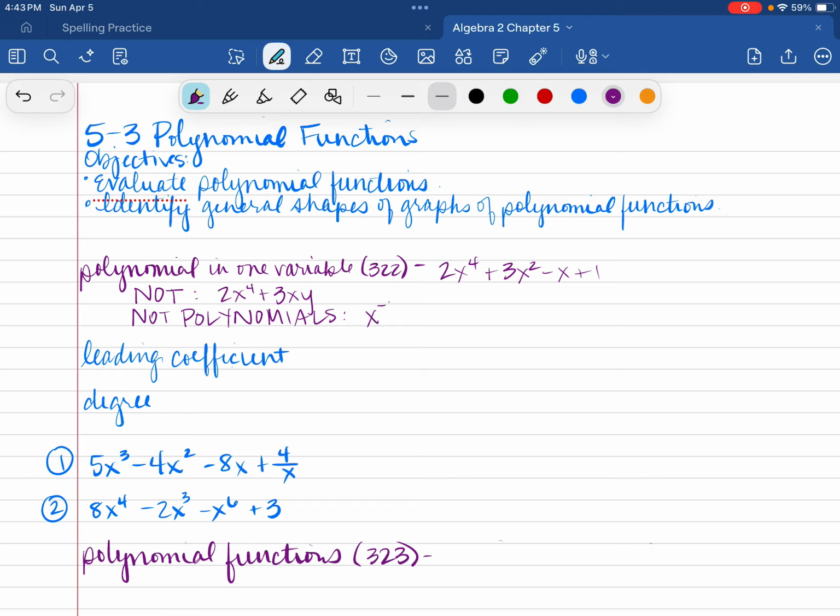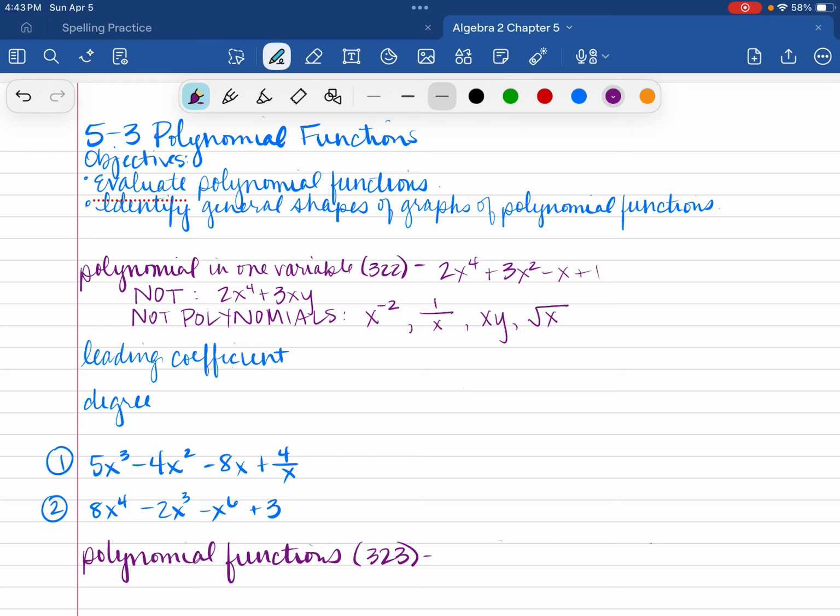If we had negative exponents, if you are dividing by a variable, okay, multiplying variables together, not okay, and square roots of variables. If we have any of those things in an expression, then it's not going to be a polynomial in general, therefore it's not a polynomial in one variable.